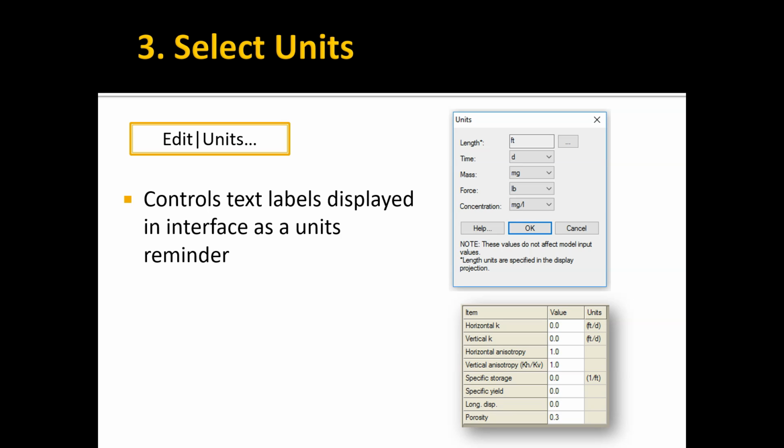The rest of them are only important if you are dealing with a contaminant transport model in general. And what this does is when you go to input some values, such as the case shown in the lower right, it displays the units that you should be using next to the input, where you input the parameters of your model.